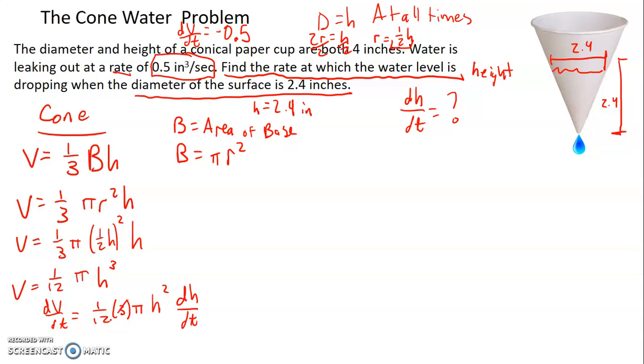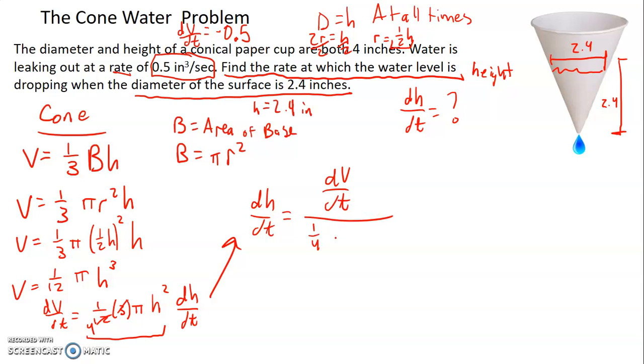Now I can cancel this out and make it 1/4. To get dH dt by itself, I just need to divide both sides by this whole thing. So dH dt is going to be dV dt divided by 1/4 pi h squared.